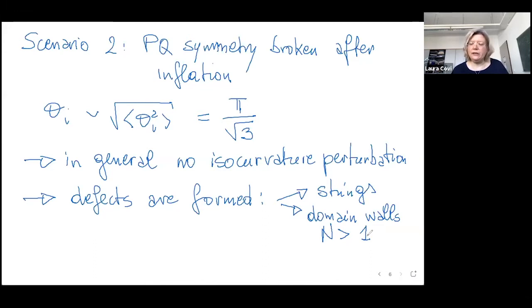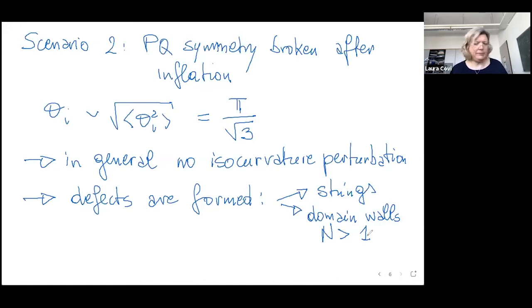So strings usually move around, they will at the end reconnect and decay into axions. And when they decay into axions, of course, one prediction is that they would produce more axions. So in that sense, the population we discussed coming from misalignment is not the only one you have. And indeed, recently there has been a long discussion and a lot of different results for the contribution coming from string decays. There were groups saying that it would be small, and groups saying that it would be larger than the one coming from misalignment.